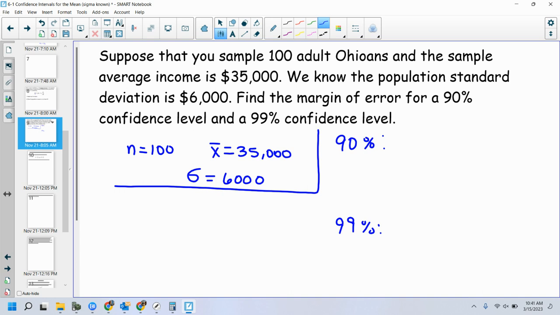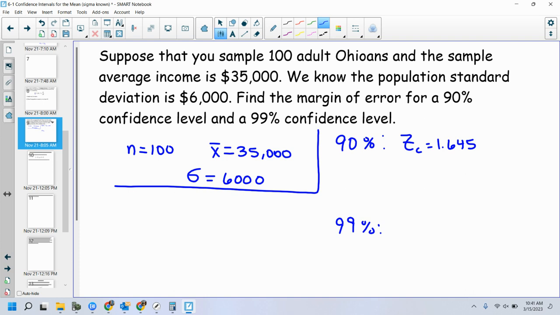Okay, so 90% confidence interval. Looking at my table, I go down here and I say, okay, what is my z-score for the 90% confidence interval? It's 1.645. So ZC is 1.645.